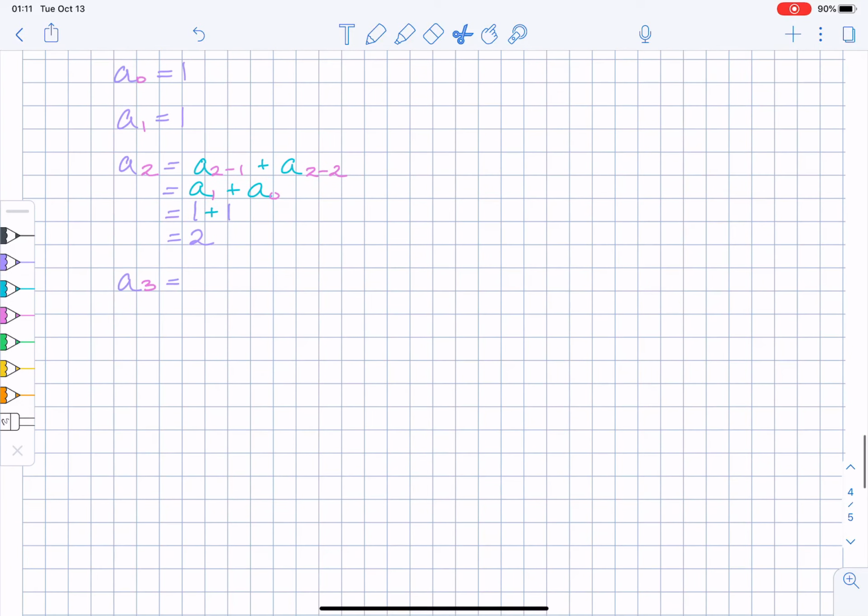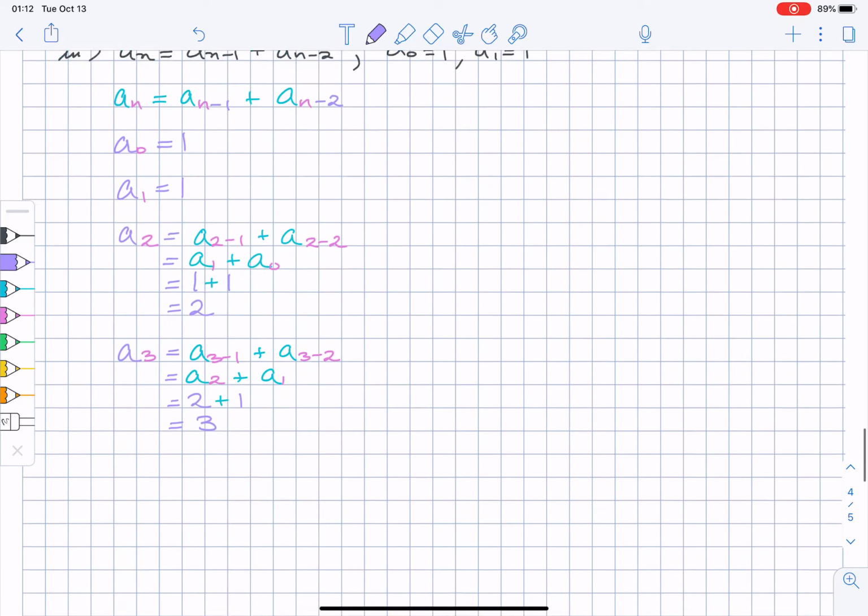Okay, so a sub 3 is going to be a sub 3 minus 1 plus a sub 3 minus 2. So that's going to be a sub 2 plus a sub 1. And we know that a sub 2 we just found to be 2. And a sub 1 was given as 1. So a sub 3 is 3. That's interesting. I wonder if a sub 4 will be 4.